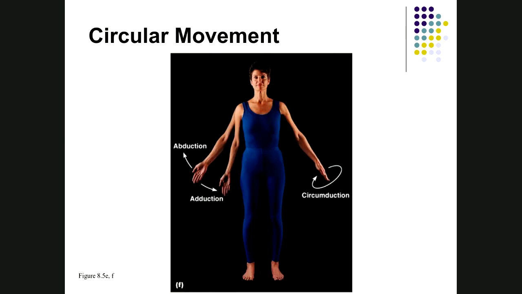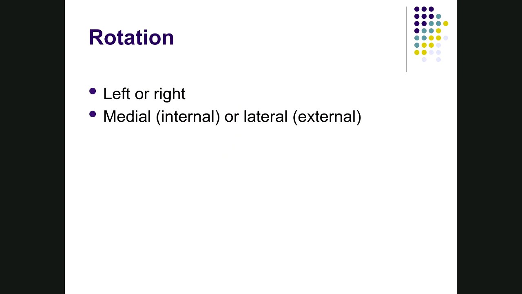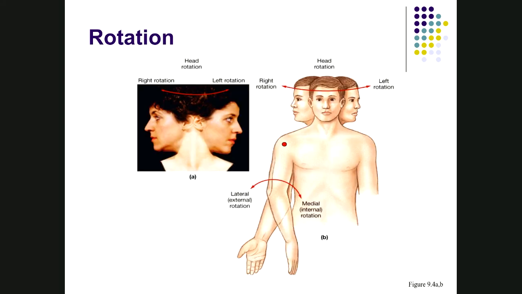So if you're spinning like this and it's cone shaped, that is circumduction. But if you're just spinning your head back and forth, or the arm back and forth, you're just spinning it, that's rotation. So we can have rotation to the left, we can have rotation to the right.